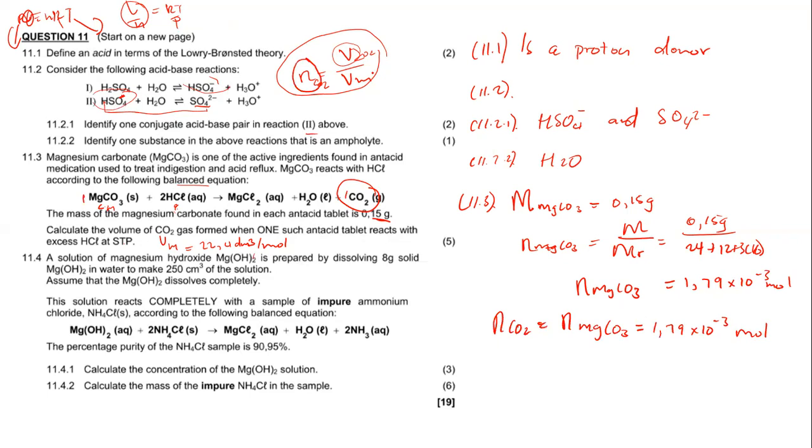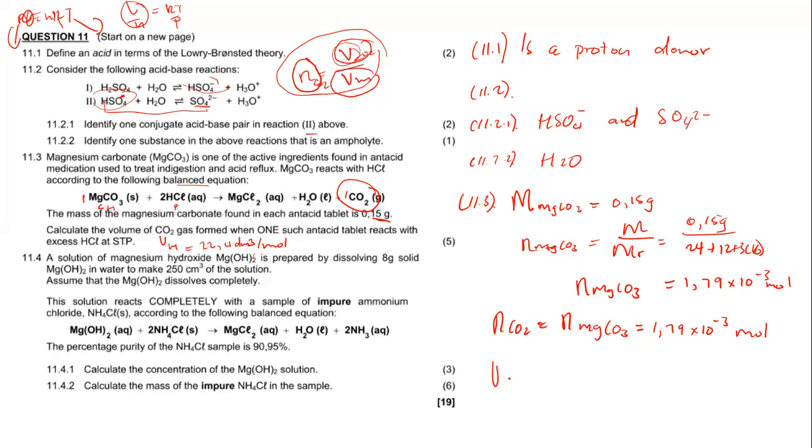Now we can determine the volume of carbon dioxide at STP because we know the molar volume at STP is 22,4 cubic decimeters. So now let us determine that. I'm going to make V the subject of the formula, cross multiply.